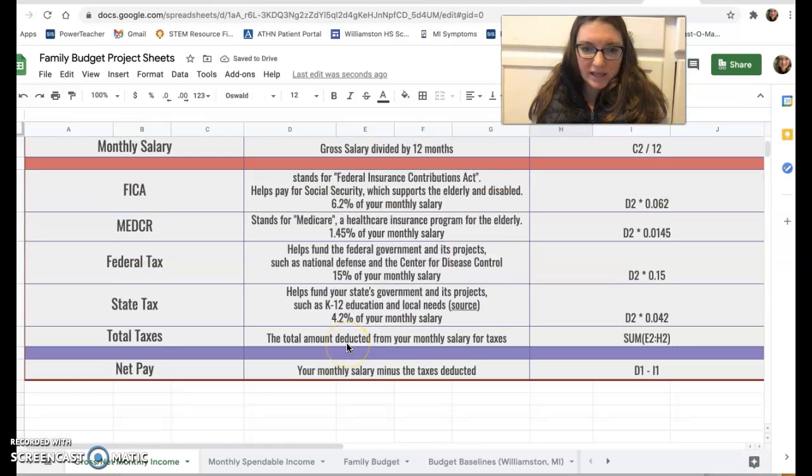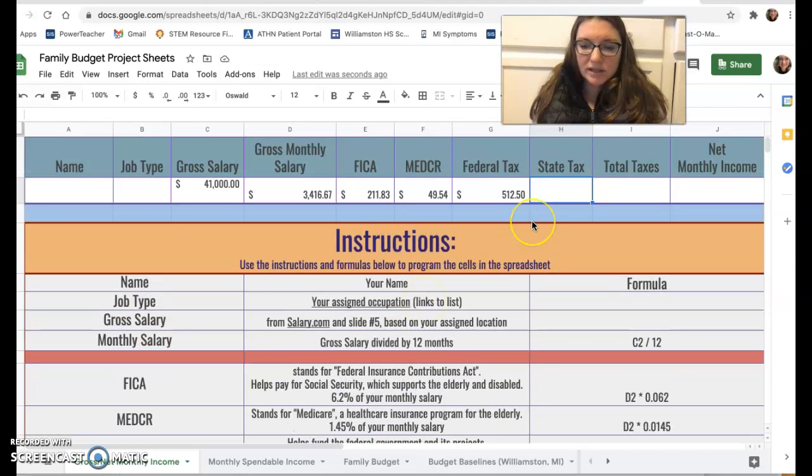State tax is 4.2% of your monthly salary, so that's going to be equals this times 0.042. Okay, so then your total taxes is going to be the sum of all of these taxes here.